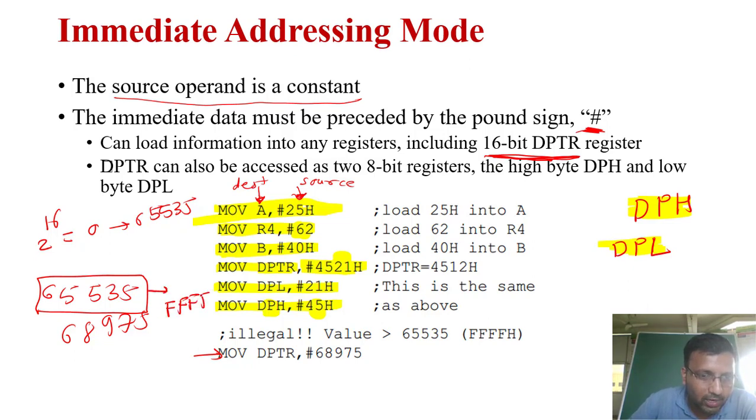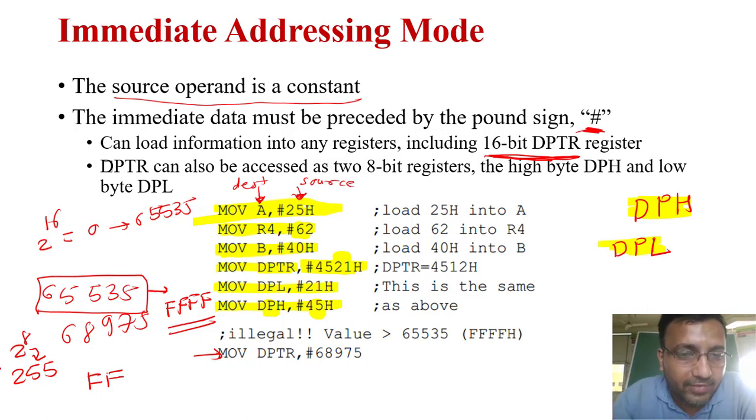So the maximum you can load into a DPTR is FFFF. Also, in an 8-bit register you can load up to FF only. So the maximum you can load is 255, that is 0 to 255. 2 raised to 8 is 256, but we need to consider 0 as well. That's why we can load only up to 255 into an 8-bit register, and for a 16-bit register we can load up to 65535.